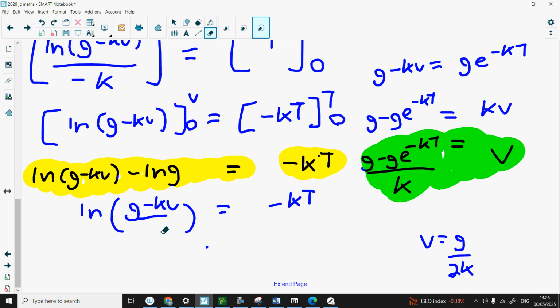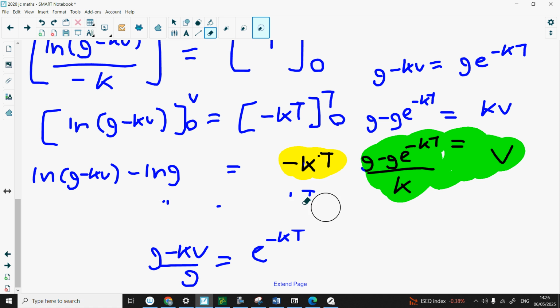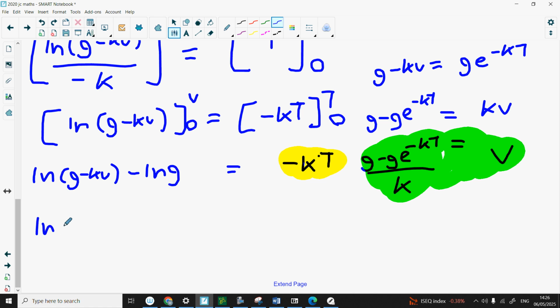I'll do it on the next line. Actually, next line. And that'll be g divided by, whoa. No, no, no. We'll do it here, actually. ln of g minus k times, what do we say it was again? g over 2k.